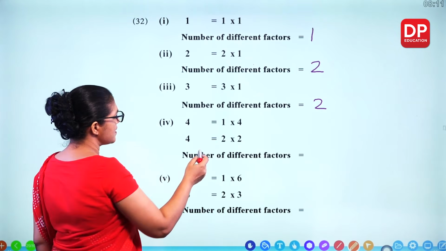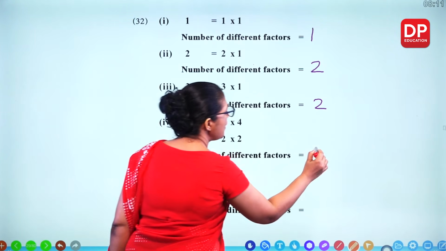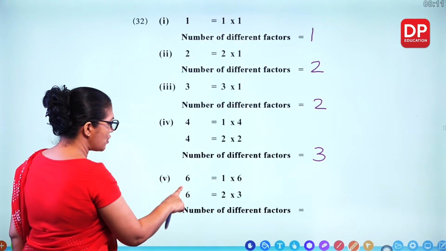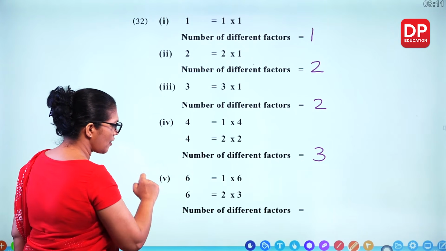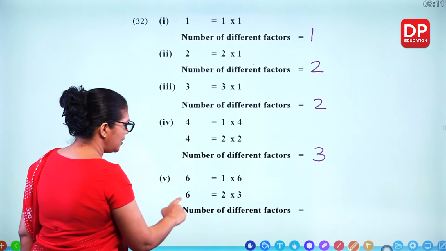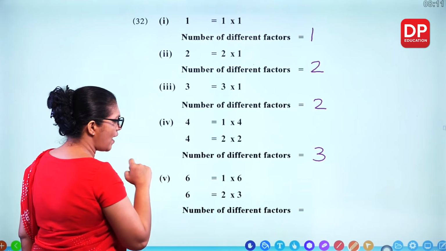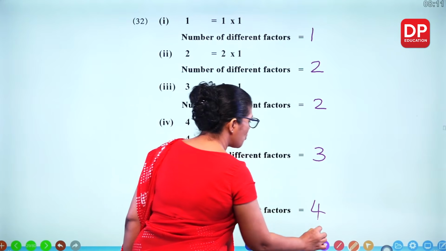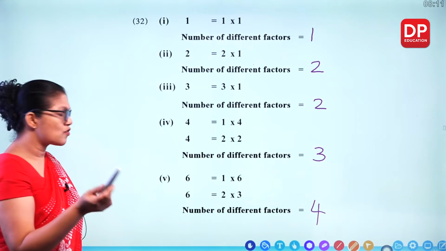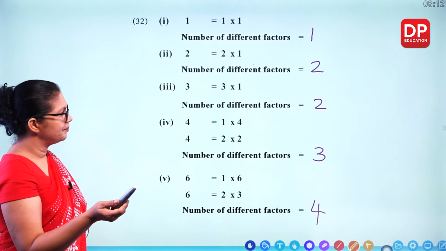So how many factors are there? 1, 2, 3 factors are there. When you take 6, how many factors are there? You get 1, 2, 3, 4. 4 factors are there because you can write 6 as 1 times 6, 2 times 3.